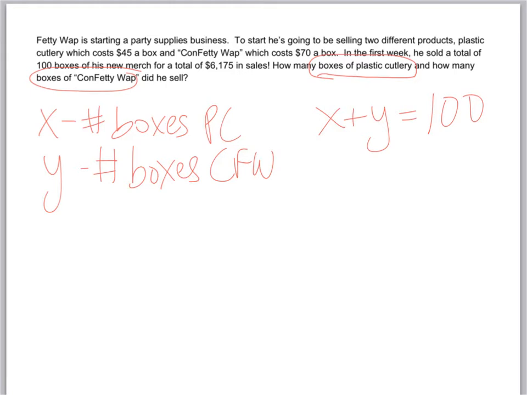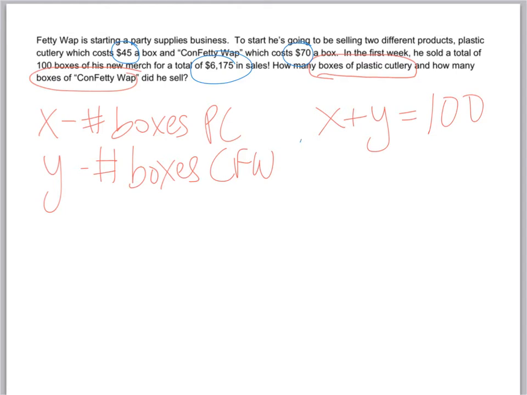Next one. Looks like we're going to be dealing with that money. Gotta make that money, so we have to worry about the money. It's $45 a box for the cutlery and $70 a box for the confetti wap, and he did $6,175 in total sales. Let's write an equation with that.